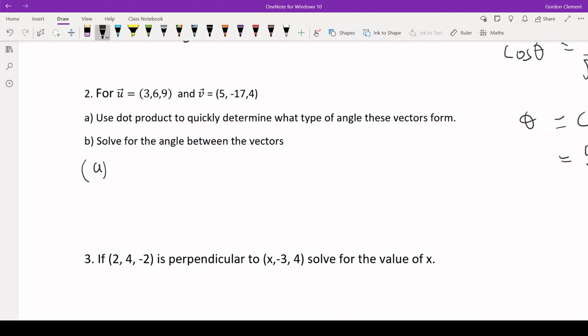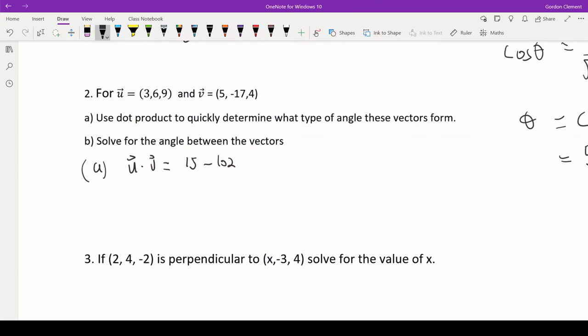So for A, again, if you want to pause this and go through A and B quickly and then unpause and make sure you get the same answer as me, by all means. So u dot v is going to be 15, so that's 3 times 5. 6 times 17 is 102, so subtract 102 because that's negative.